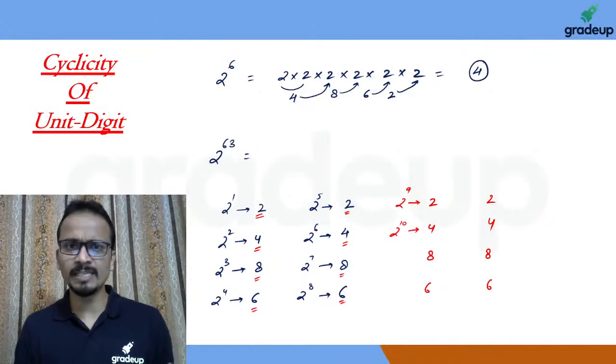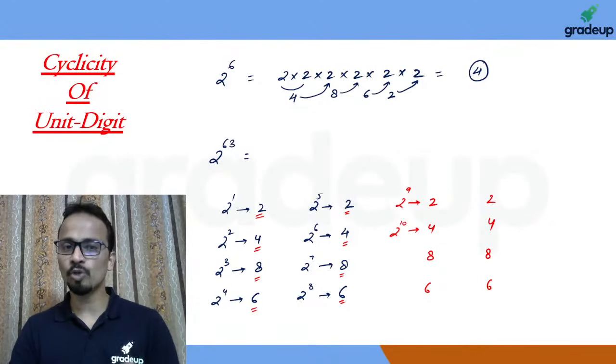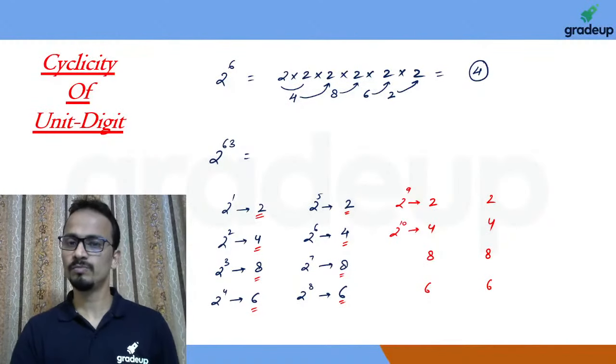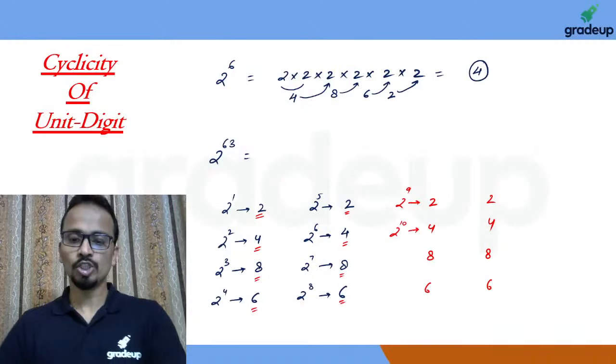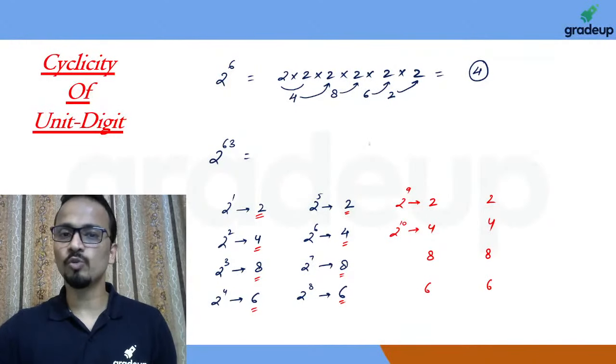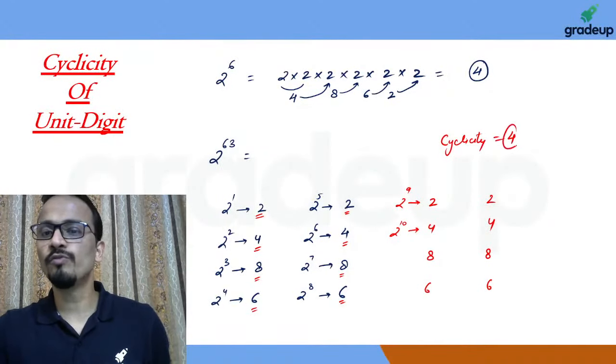I'm not generalizing this fact right now. I'm just saying that after every fourth power, the unit digit will repeat for the powers of 2. Simple. So if I'm dealing with the powers of 2, the cyclicity is equal to 4.